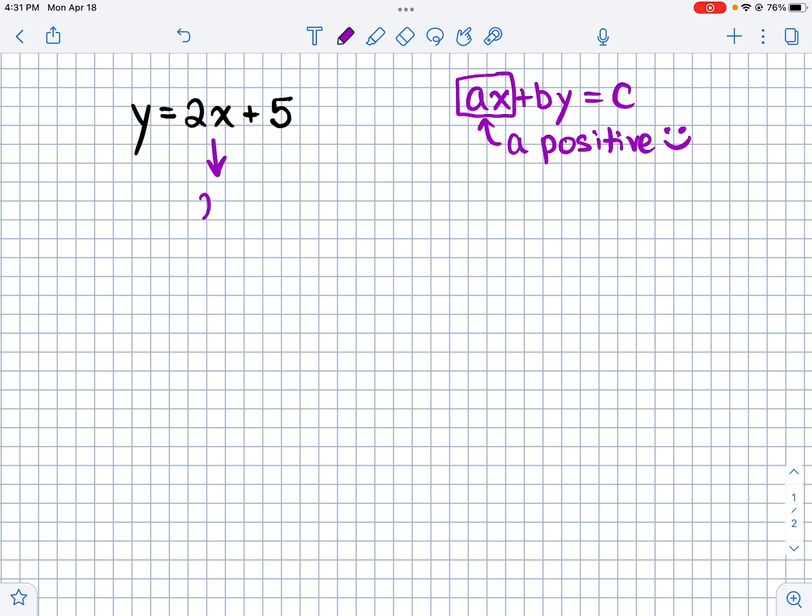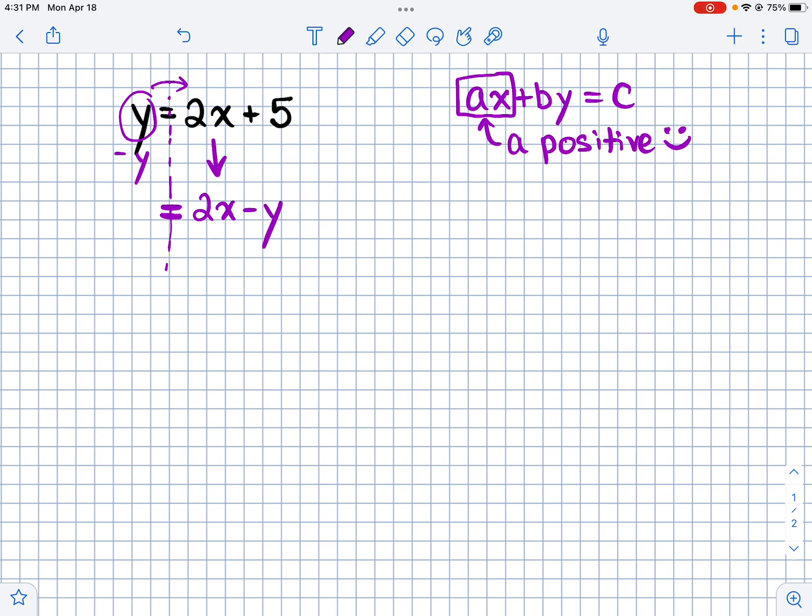So I'm going to leave my 2x on the right side of the equation. And I know I want my y to be over there on the right beside the x. So I'm going to subtract y from both sides.